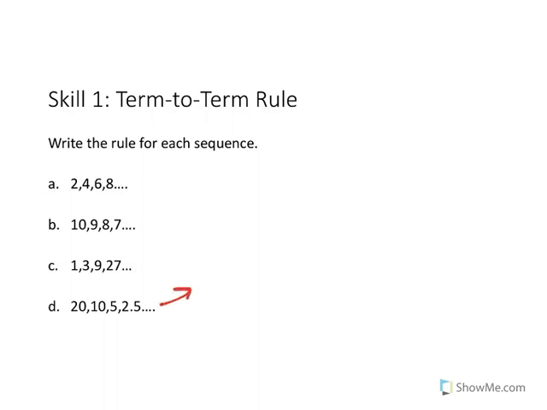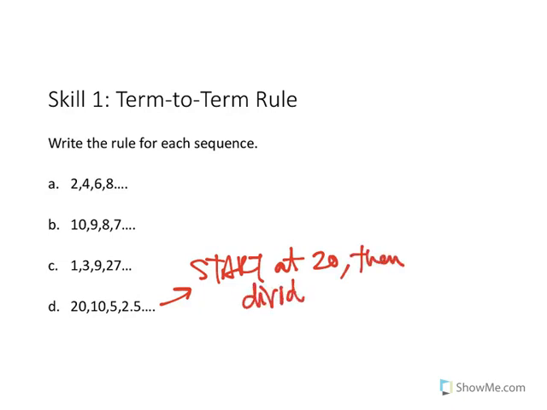And in the last one, you have to start at 20, then divide by 2 each time. And that's it.